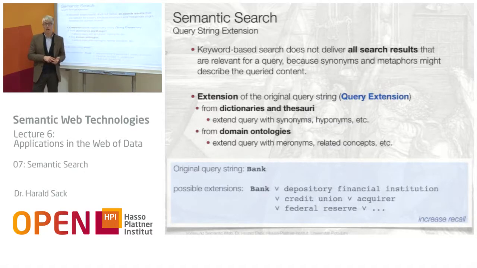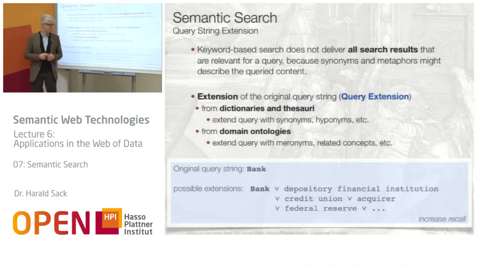I can use hyponyms. Hyponyms are some specialization of terms, and I can connect my original terms with them. And I can also make use of domain ontologies where I can find so-called meronyms, so parts of my object, or related concepts, and I can use these terms that I find here to extend my query string with a simple OR combination.